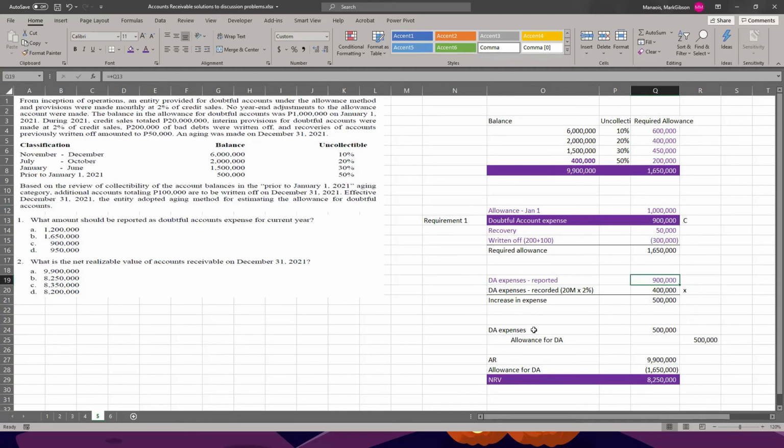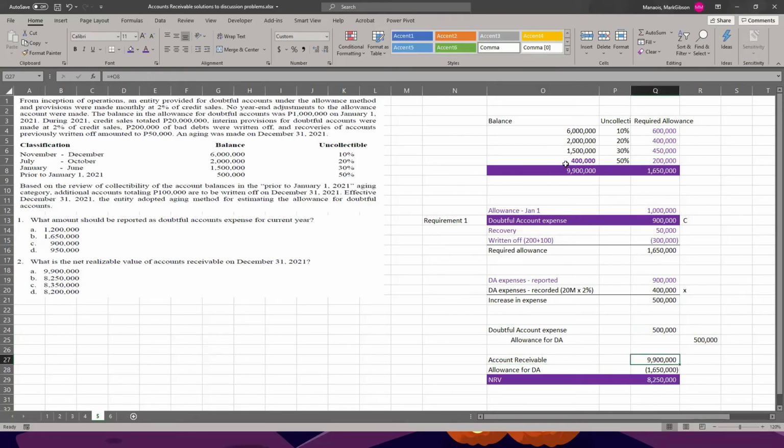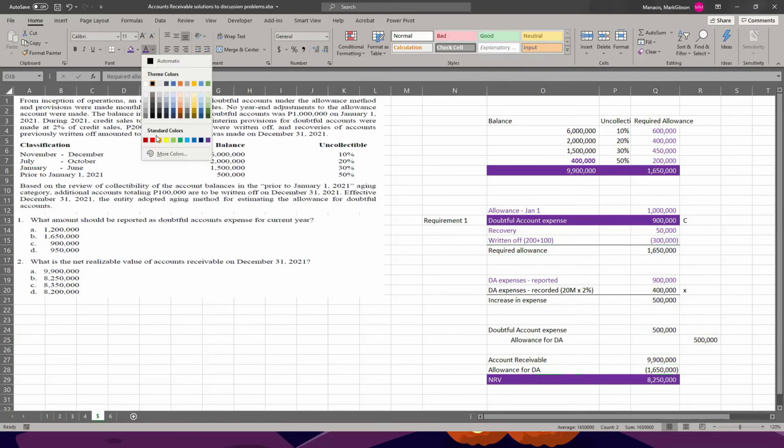So we have to prepare an adjusting entry: debit doubtful account expense of 500,000 and credit allowance for doubtful accounts of 500,000. With that, we are now ready to calculate the net realizable value. The balance of our AR would be 9,900,000, less allowance for doubtful accounts of 1,650,000, which we computed earlier.